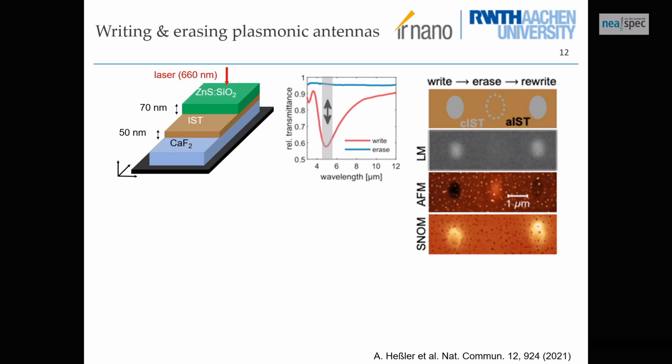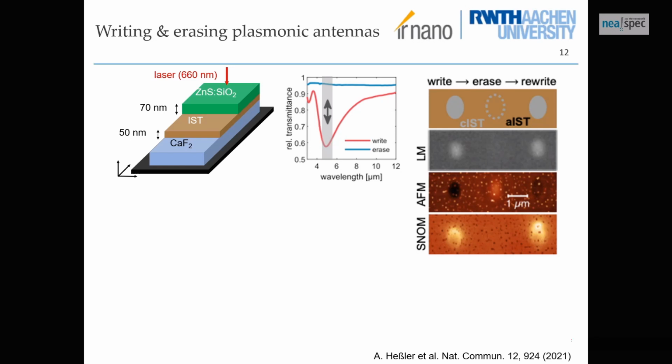My colleague did this last year. Essentially, you take a layer stack consisting of a calcium fluoride substrate, deposit a thin film of this IST material on top, and then cap it to avoid oxidation because this material tends to oxidize. Then you do the laser writing. You see an illustration up here from the crystalline to the amorphous, and you can also rewrite it.